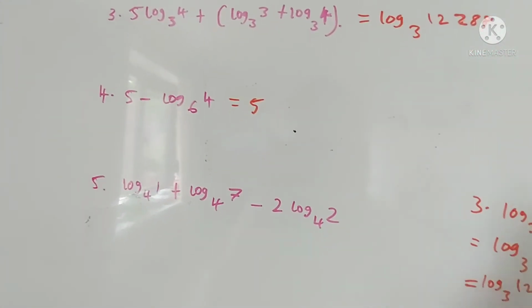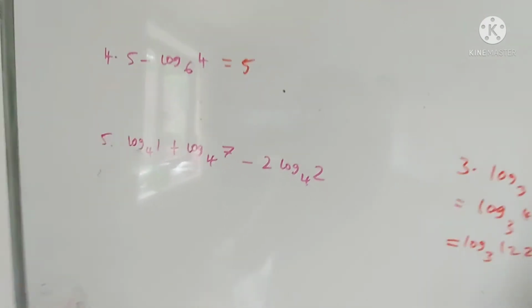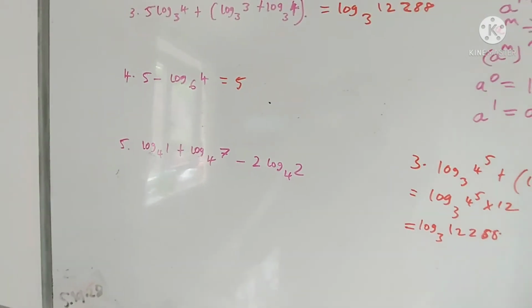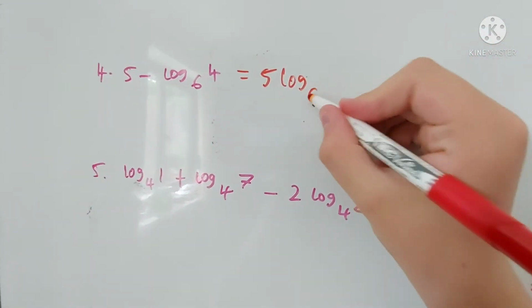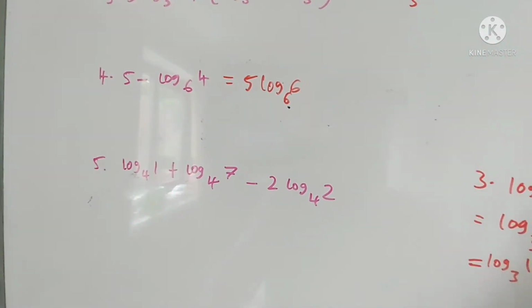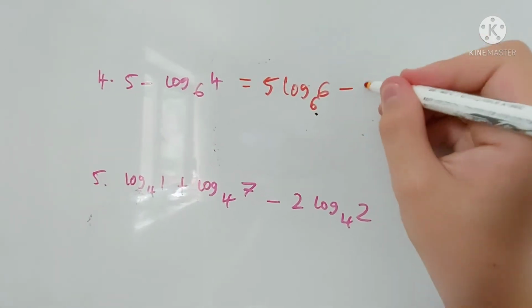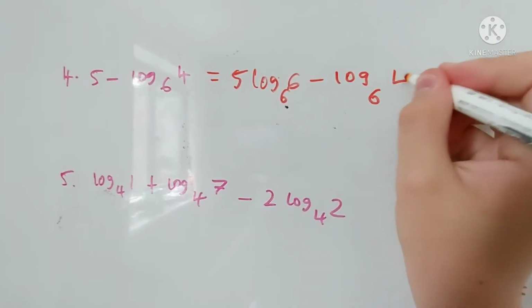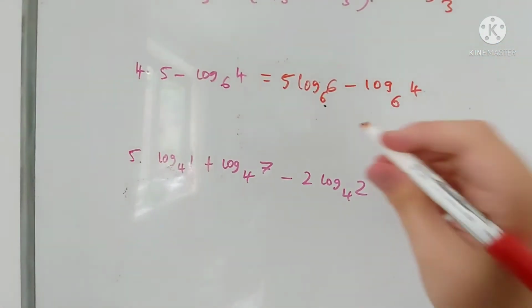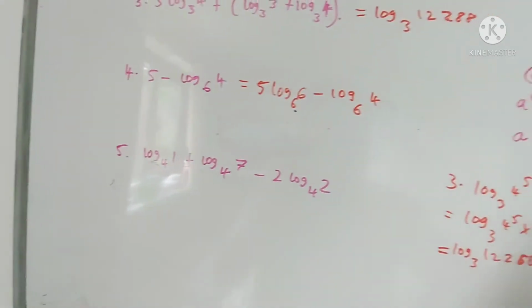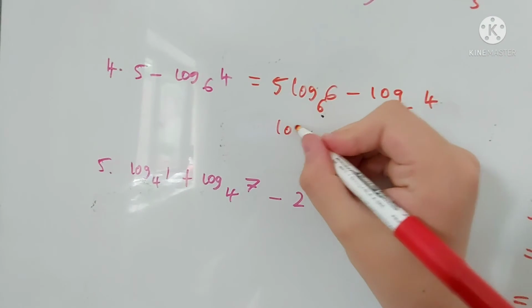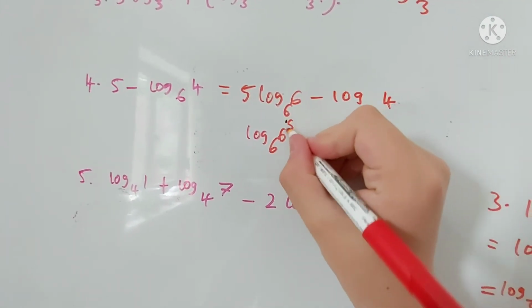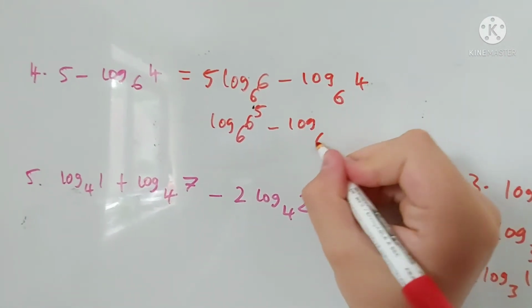Now, because I'm using base 6, I don't want to be changing the bases around, so I want to be using the same base. So I want to be using 5 log 6 of 6 minus log base 6 of 4. Now, because I've got this, I can use the third log law to bring the power up. So I've got log base 6 of 6 to the 5 minus log base 6 of 4.